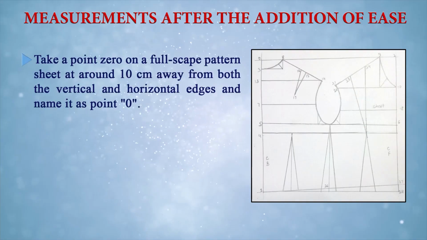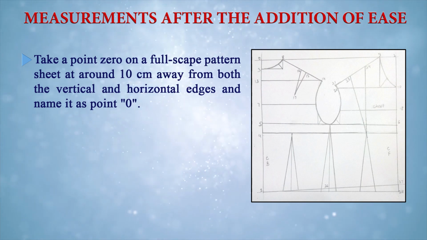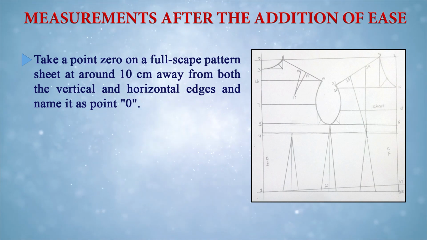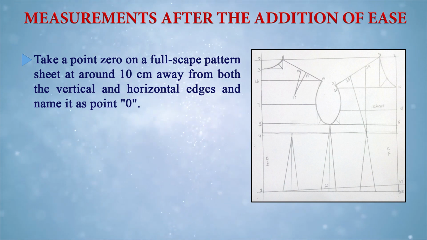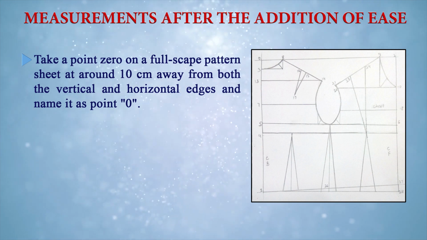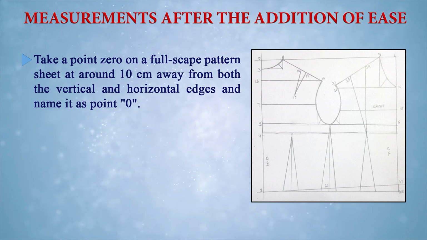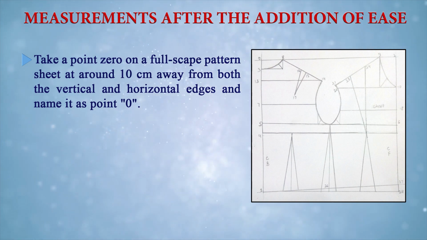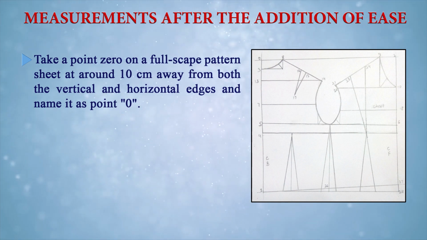You can take a point 0 on the half scale pattern sheet at around 10 centimeter away from both the vertical and horizontal edges, and name it as point 0. If you have a full scale pattern sheet, then you can take a point 0 at around 10 centimeter away from both the vertical and horizontal edges, as you can see in the diagram.